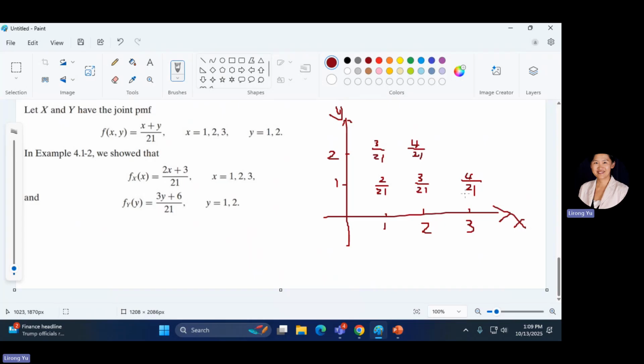These are the joint distribution when x and y are both considered. It's easy to tell that we add up all the rows to get the distribution for y. You add it together, it's 12 over 21 for the probability of y equal to 2, and this is 9 over 21.